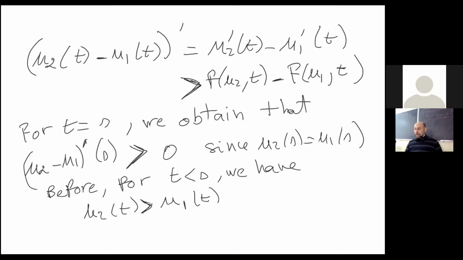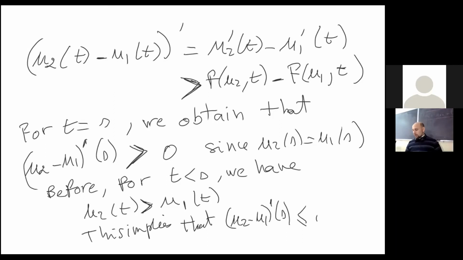So if you have that, then this implies that (u2 minus u1)' of s is less than 0, because if you look at the difference, since u2 is greater than u1 for t less than s, this implies this thing.